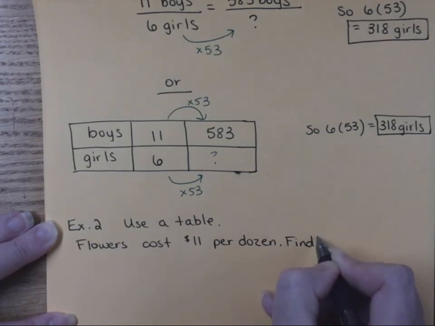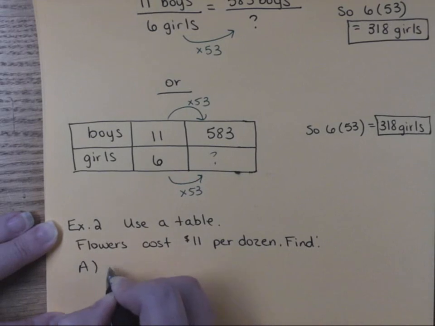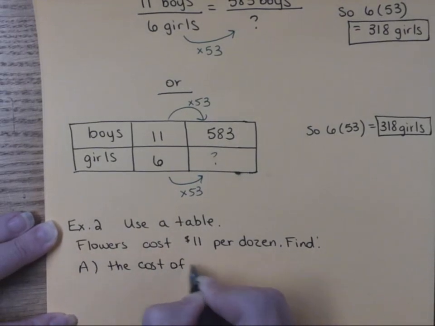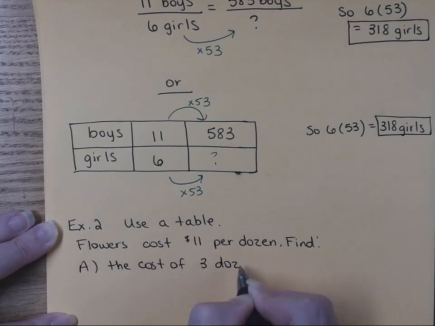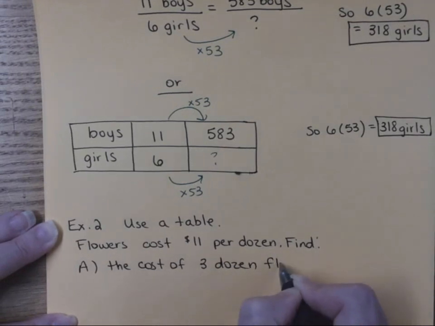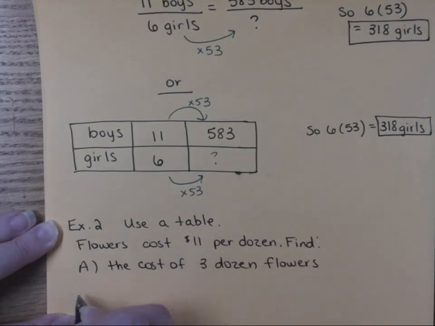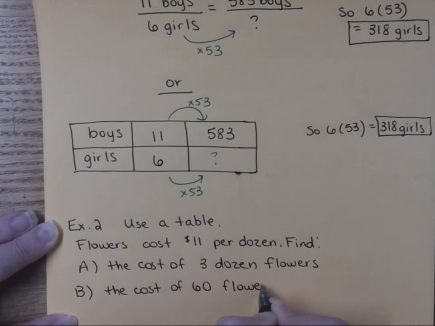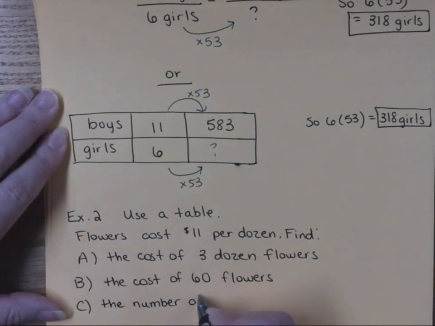And then I want you to use a table to find A, the cost of 3 dozen flowers. B, the cost of 60 flowers. And then C, the number of flowers you would get if you spent $77.